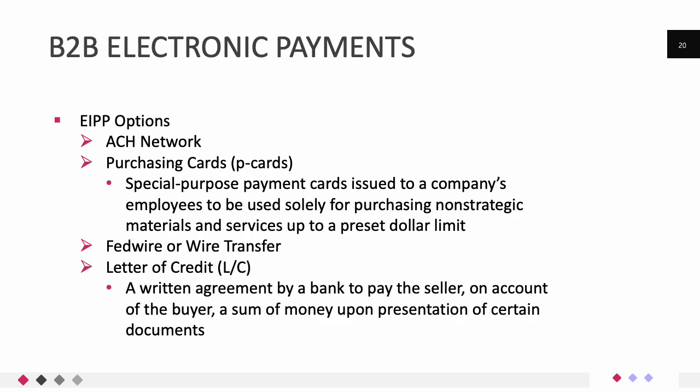This is essentially a written promise from a bank that says we guarantee this company will pay the seller once certain documents are provided. Okay, so letters of credit are especially common in international trade because they provide security for both the buyer and the seller when they are dealing with large transactions across different countries. And each of these methods serves different business needs depending on factors like speed, security, transaction size, and international requirements.